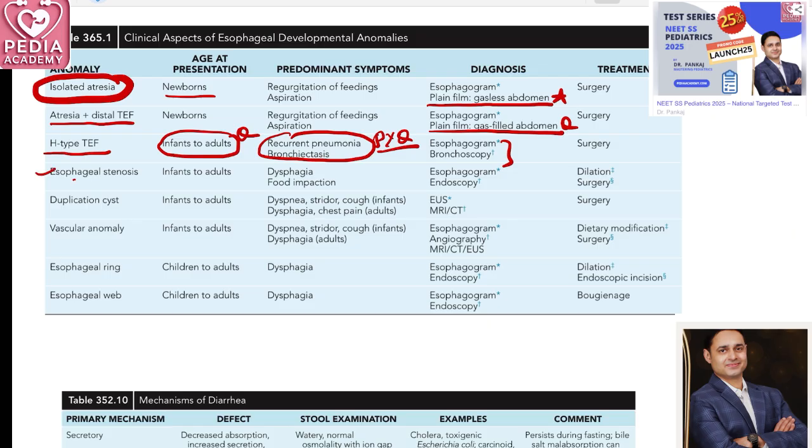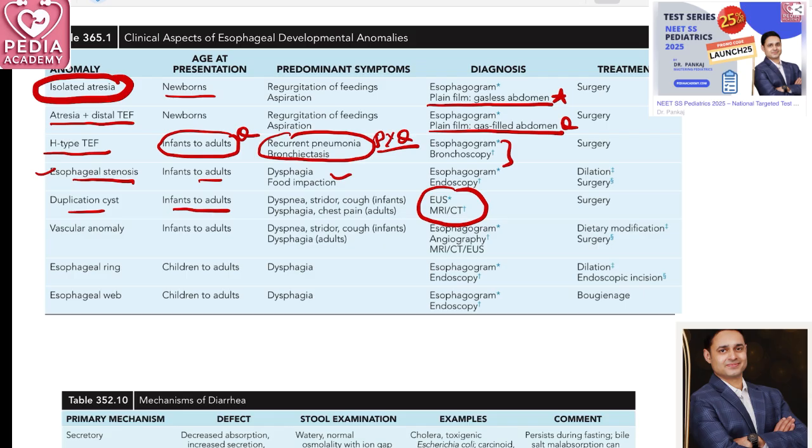Esophageal stenosis, as the name suggests, can present at any age, infant to adults. Dysphagia and food impaction will be there. Duplication cyst generally presents also in the infant to adult age group, and EUS, MRI, CT are required.